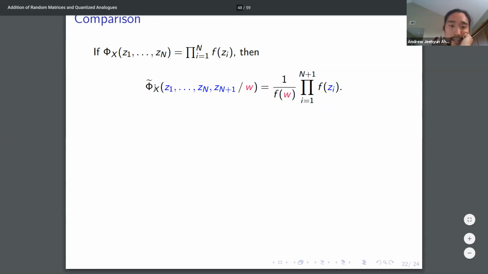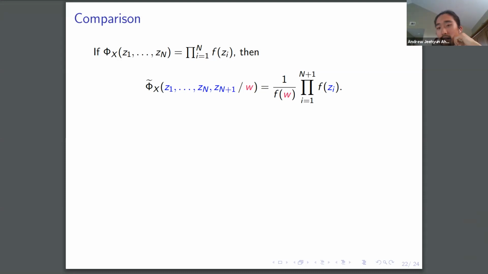So if I take phi tilde x, Z1 through Zn plus 1, W, then all I need to do is take 1 over f of W times a product of the f of zi's over i equals 1 to n plus 1. So if I do that, you can see that by setting Zn plus 1 equal to W, you will just have cancellation. So for these multiplicative functions, it's pretty simple.